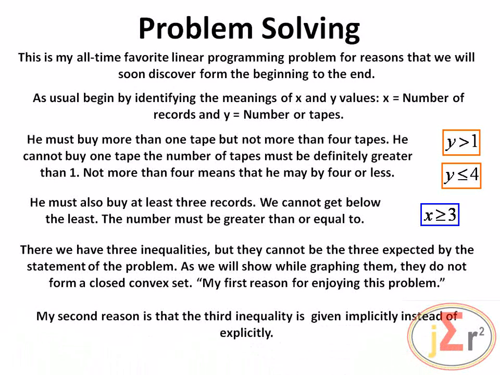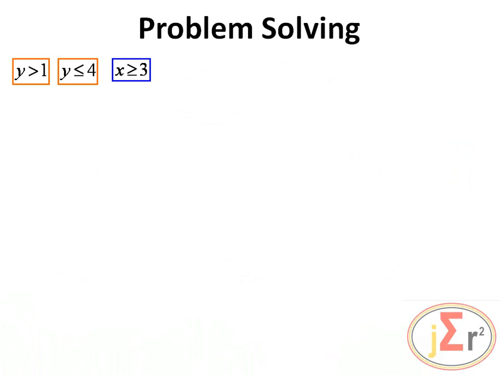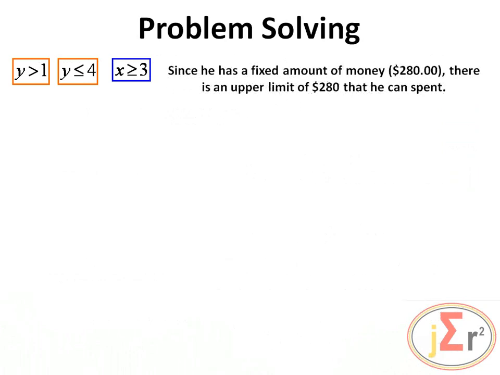My second reason is that the third inequality is given implicitly instead of explicitly. Since he has a fixed amount of money, which is $280, there is an upper limit of $280 that he can spend.